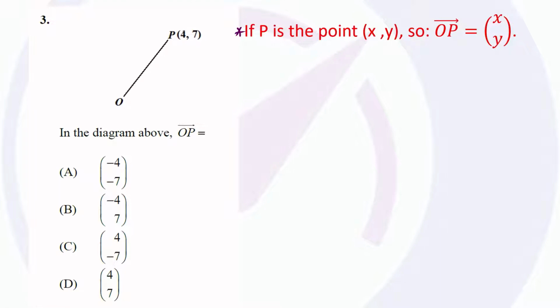So the 4 represents our x, and the 7 represents our y. Therefore OP is going to be 4, 7, and that matches D. Once I get the point, all points are written in the form x then y. The position vector of that point is x, y, just writing it in a column vector format.